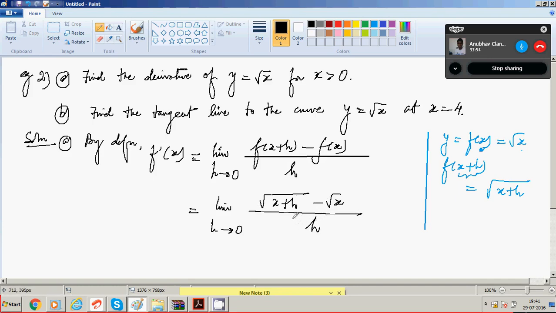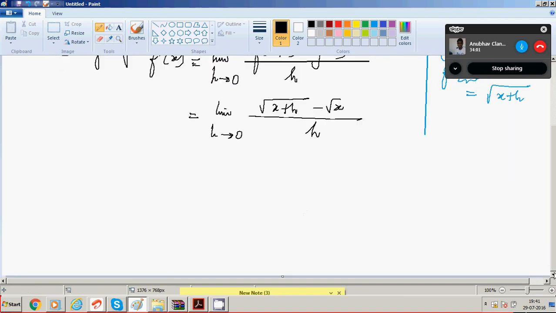See, if we simply substitute h equal to 0, we will get 0 over 0. So that means there is something fishy. We have to resort to calculus. So we will rationalize the numerator.